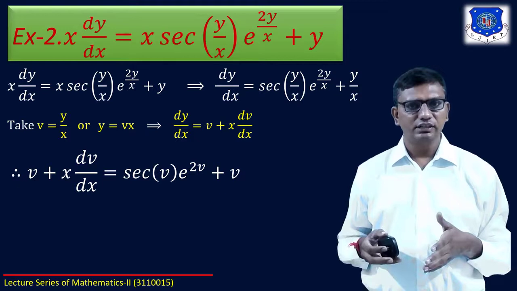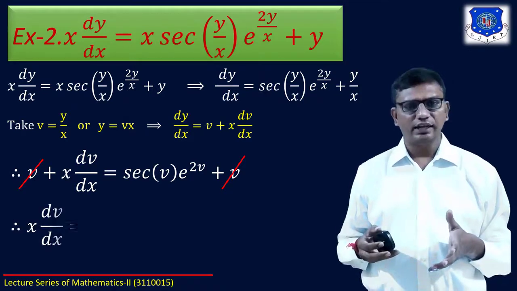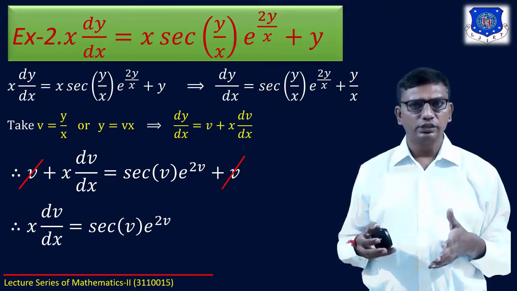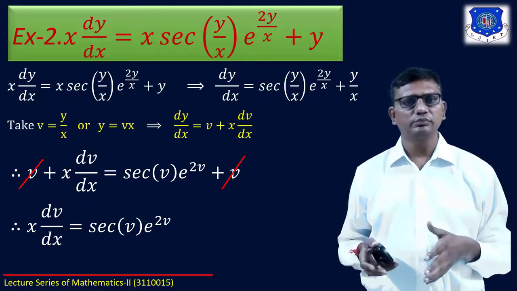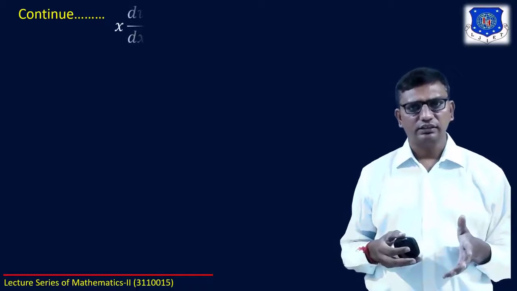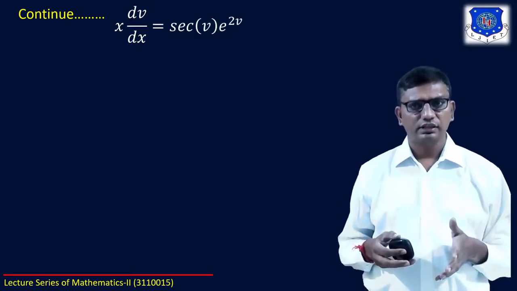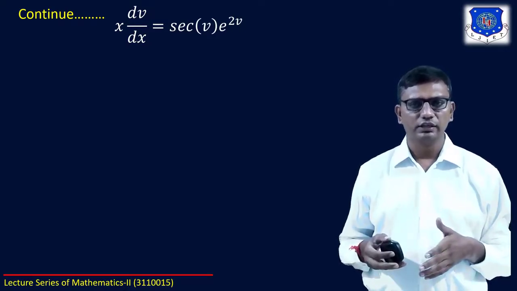Now we will cancel v from both sides, then we get x dv by dx equal to sec v into e raised to 2v.